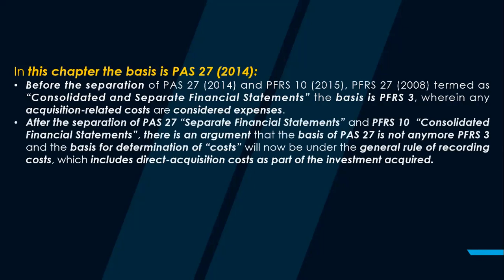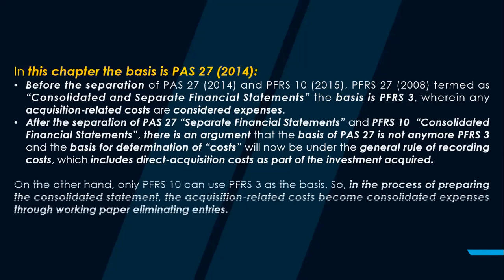After the separation of PAS 27, separate financial statements, and PFRS 10, consolidated financial statements, there is an argument that the basis of PAS 27 is no longer PFRS 3, and the basis for determination of cost will now be under the general rule of recording cost, which includes direct acquisition cost as part of the investment acquired.